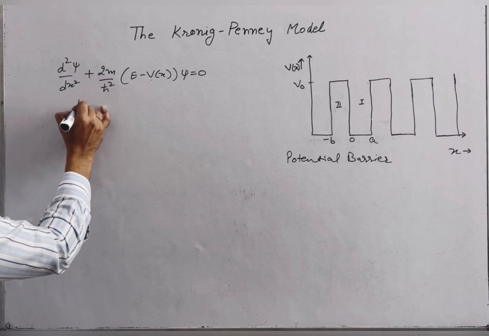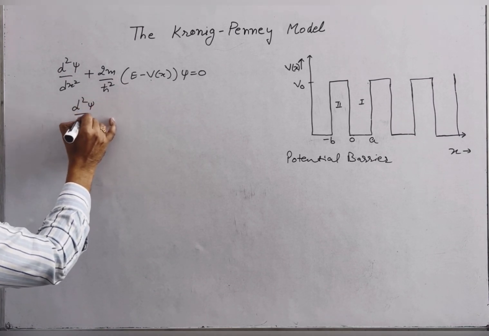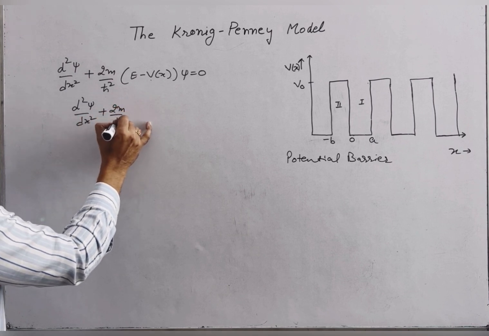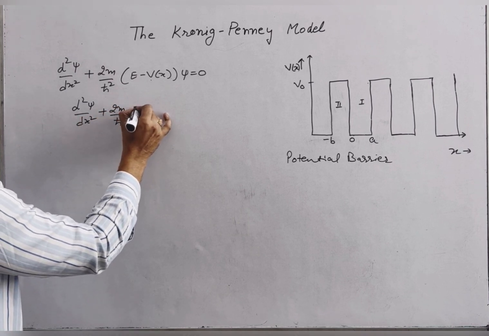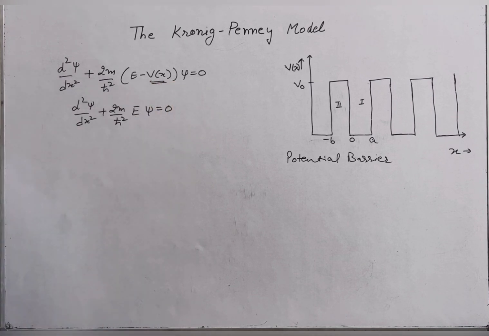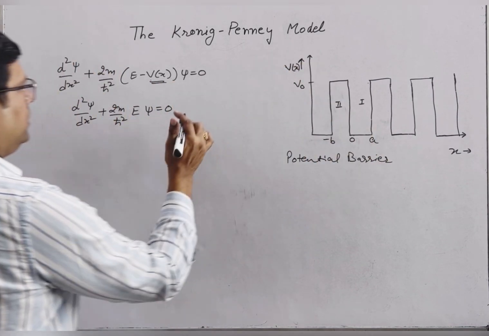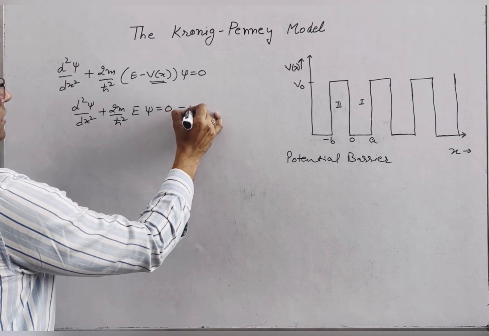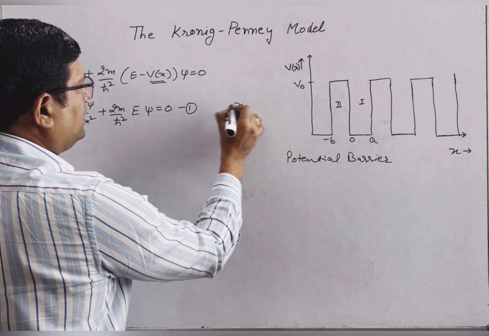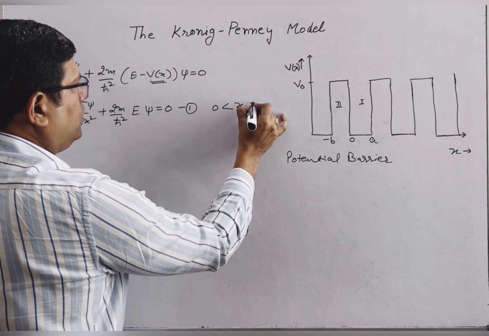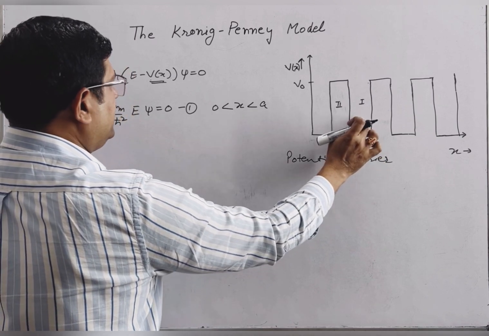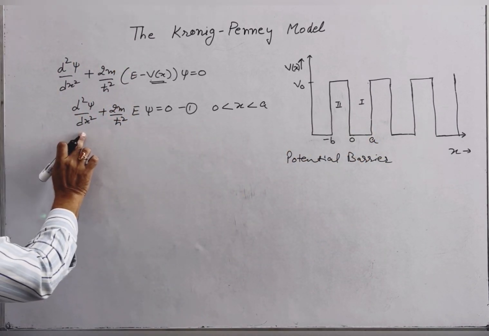The Schrodinger equation will be d2 psi upon dx square plus 2m upon h cut square into E psi equal to 0. This is equation number 1, for x lying between 0 and a.